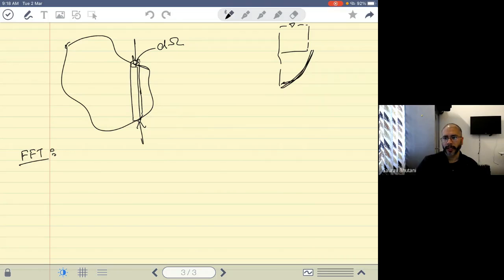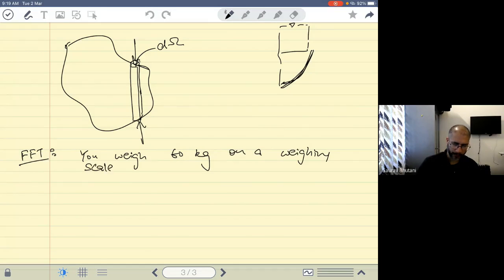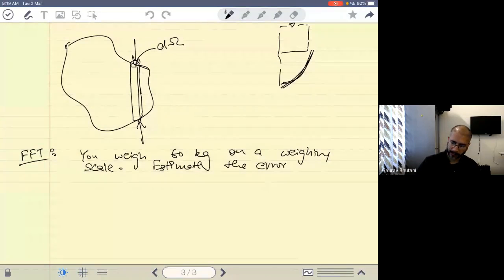So let us say, you stand on a weighing scale and you measure your weight to be 60 kg. Okay, so you'll have to estimate the error due to the buoyancy of air.